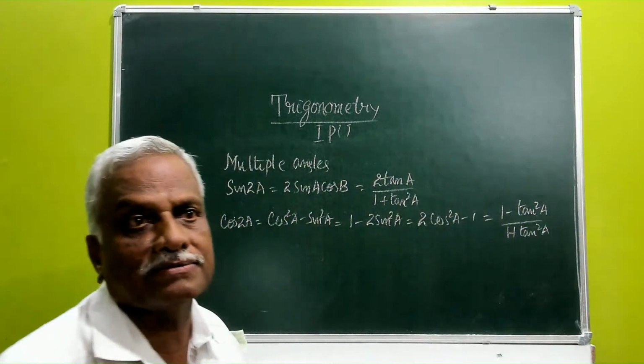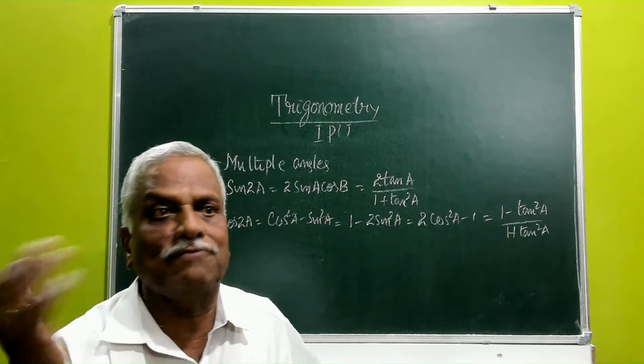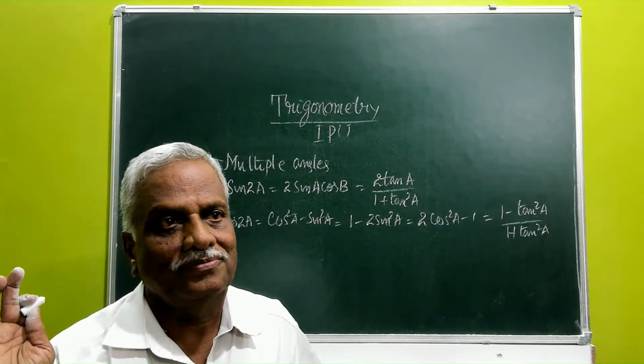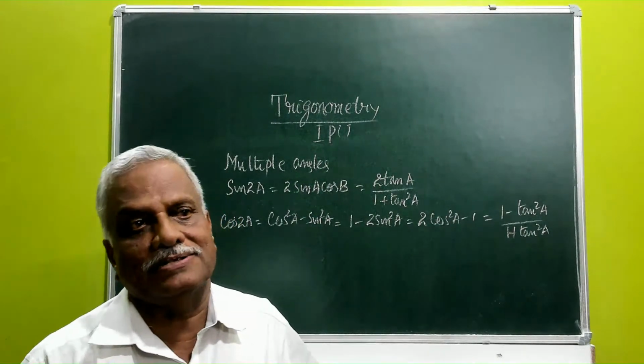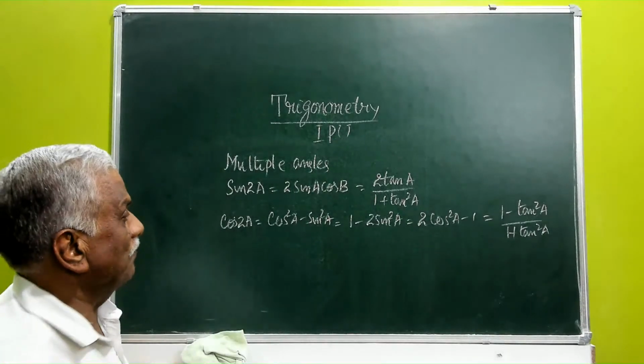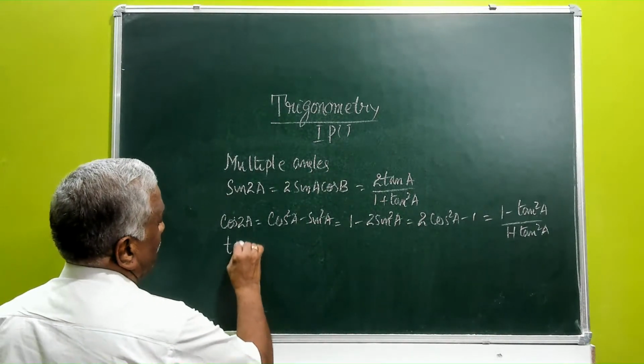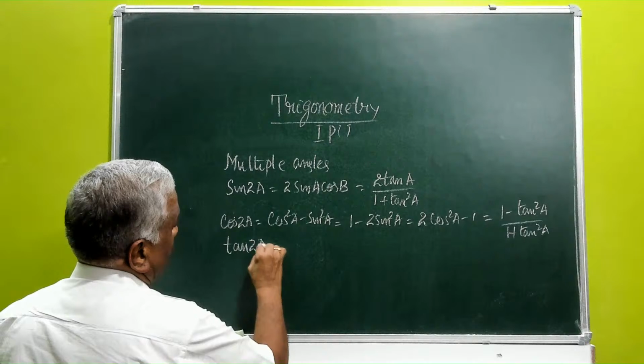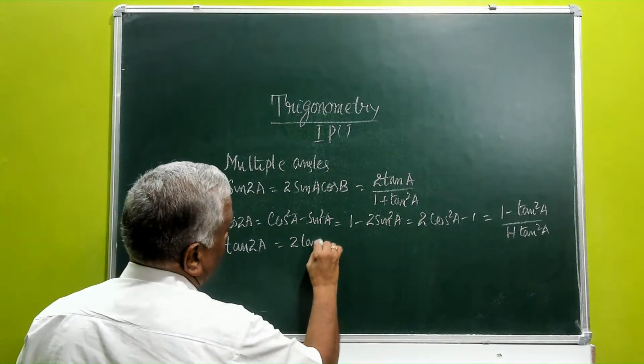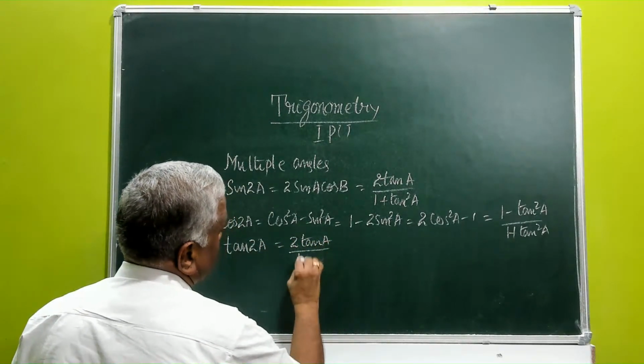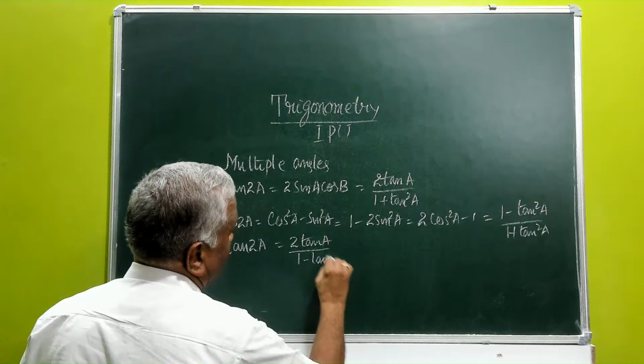Just as I am writing, all these formulas should be free flow. If you remember the formulas, then you can work the problem faster. What is tan 2a? 2 tan a over 1 minus tan square a.